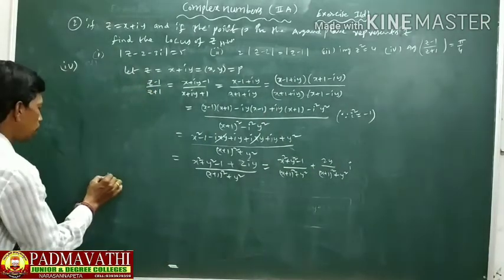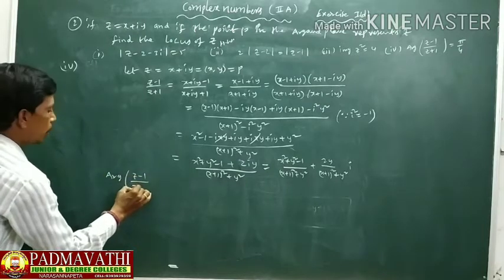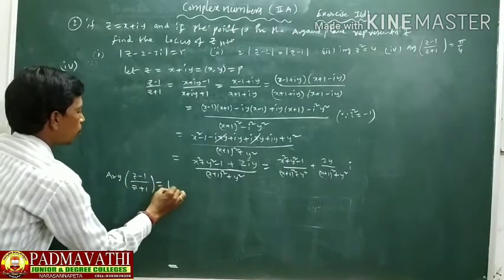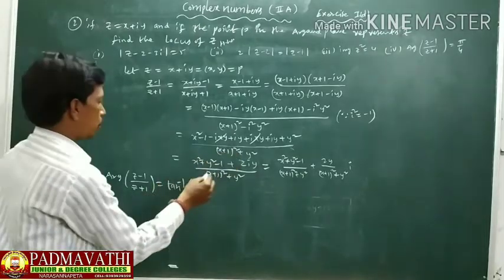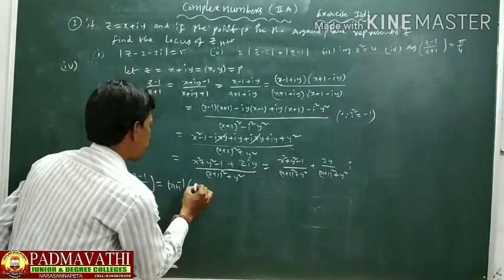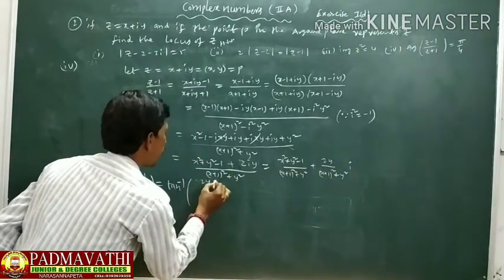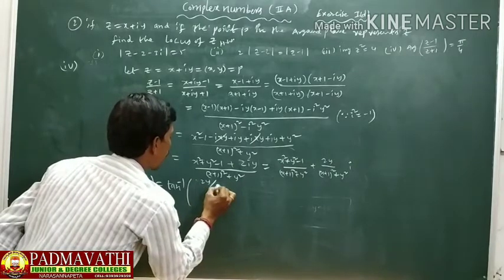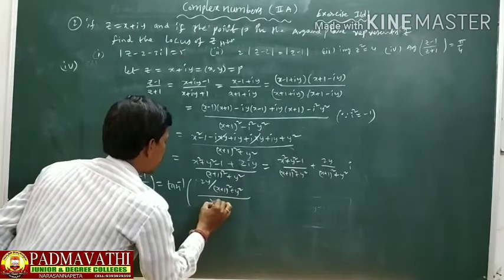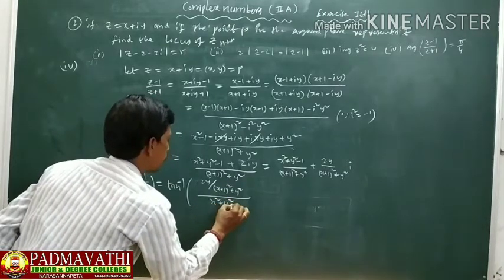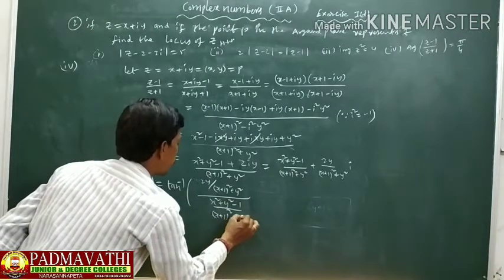Now the argument of (z minus 1) by (z plus 1) equals tan inverse of imaginary part by real part. The imaginary part is 2y by ((x plus 1) whole square plus y square), and the real part is (x square plus y square minus 1) by ((x plus 1) whole square plus y square).